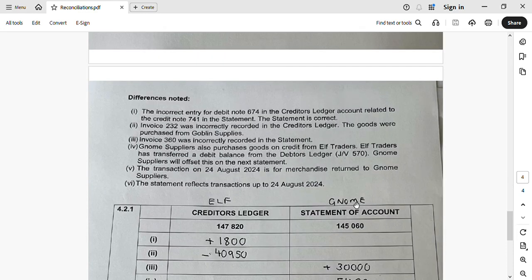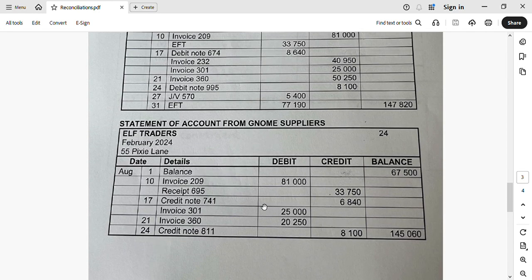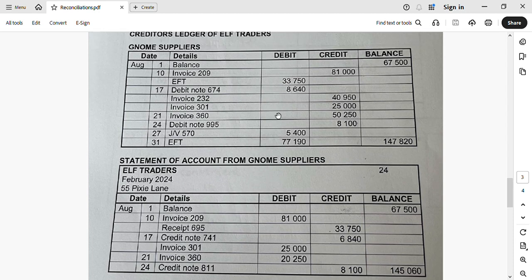Then you ask yourself who's wrong, Gnome or Elf, and depending on your answer, put the amount in the relevant column. They give you a creditor's ledger and the creditor's statement, and the balances are not in agreement, and now they're going to tell you the reasons for that.